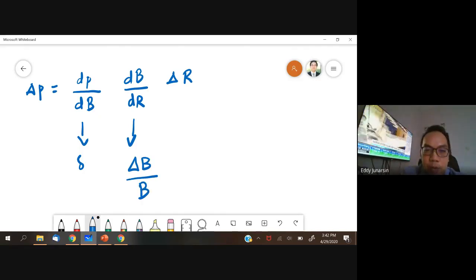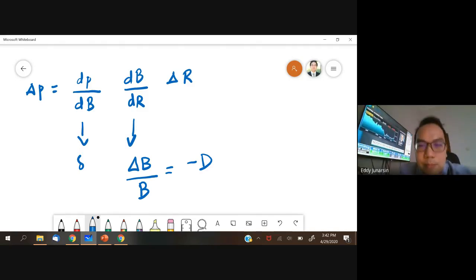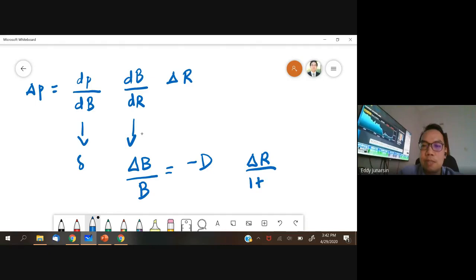This is the underlying bond, okay? So this should equal what? The duration of the bond multiplied by the change in interest rate, over 1 plus the original interest rate.